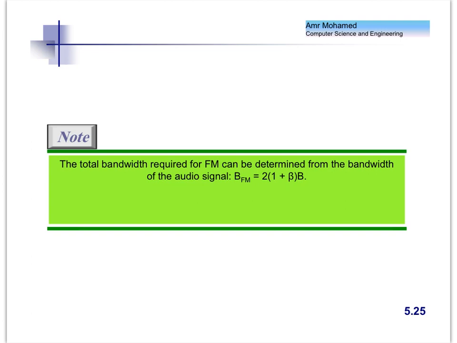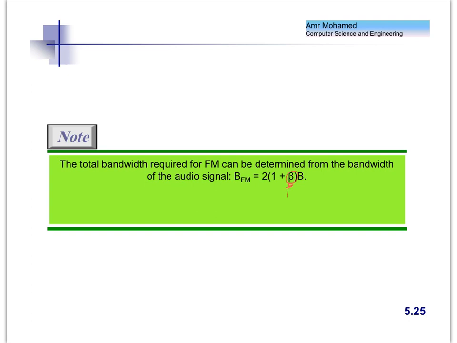For FM, we are changing the frequency of the output signal proportionally to the amplitude of the analog signal. This is what we call the beta factor, which is dependent on the variation in the frequency and the amplitude of the signal.